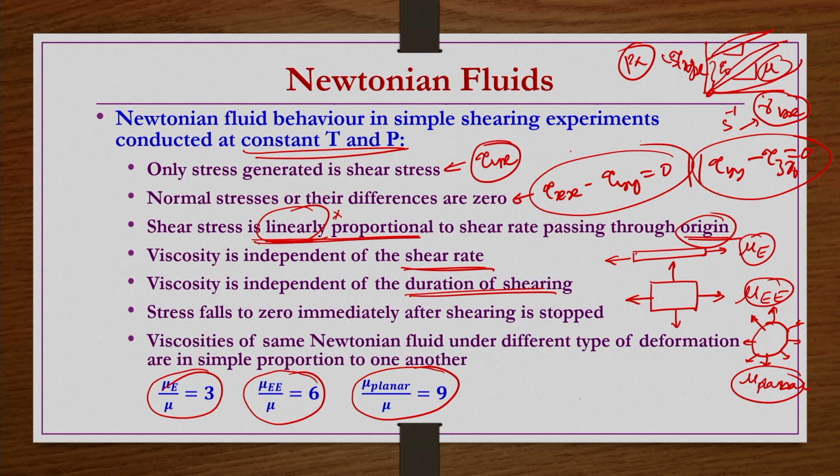That is the reason for non-Newtonian fluids we do not call it simply viscosity, we call it apparent viscosity, but it changes. We are going to see those details again. Then, viscosity is independent of the duration of shearing for a Newtonian fluid.